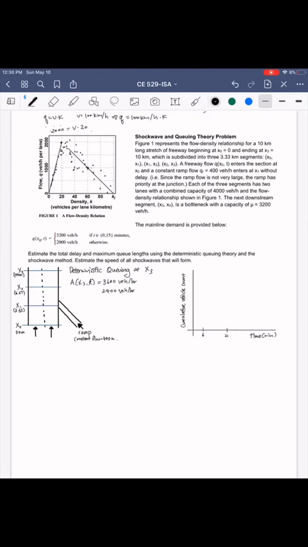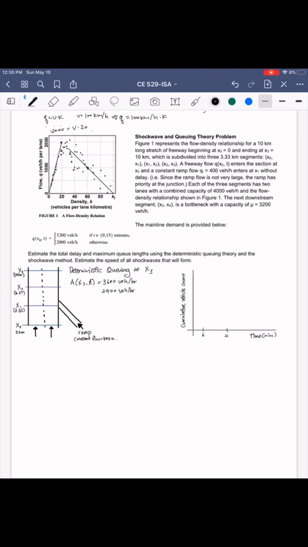And to calculate when they arrive, it says 0 to 15 here, but for 3,600 you have to take into account how long it takes to get from x0 to x3. So it assumes that it moves at 100 km per hour and it's a 10 kilometer stretch.